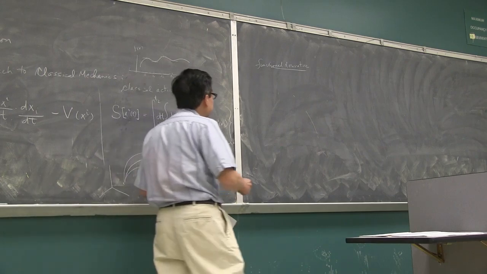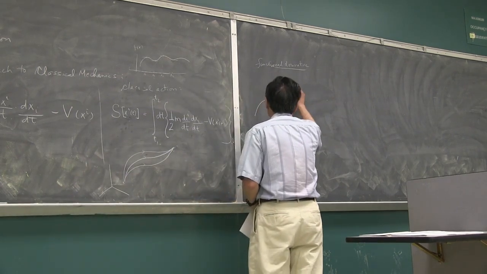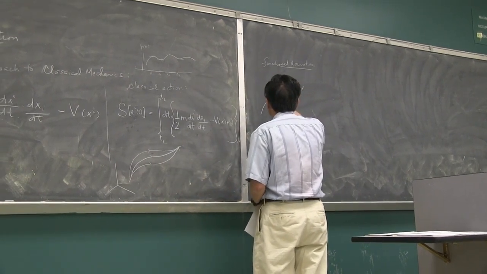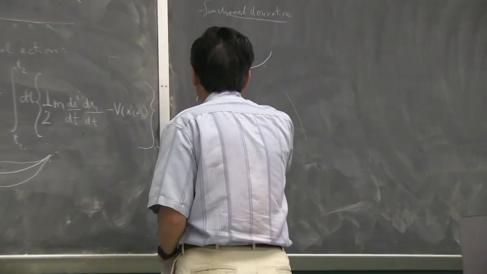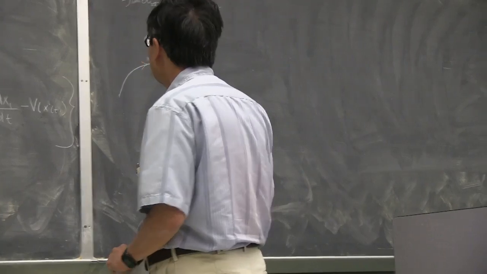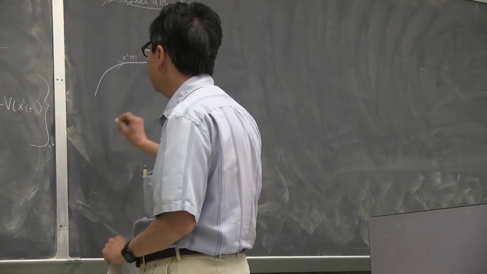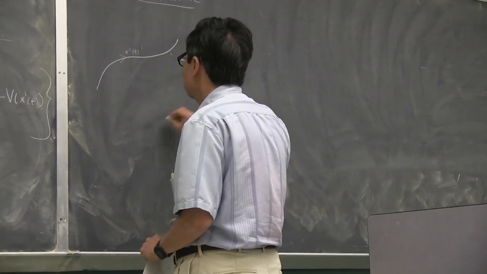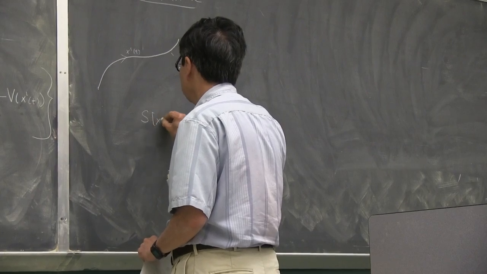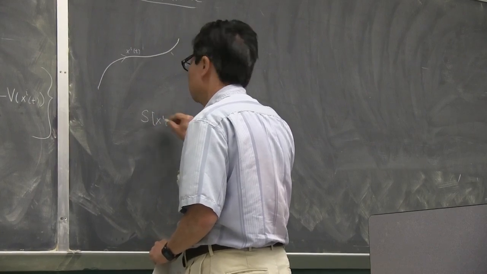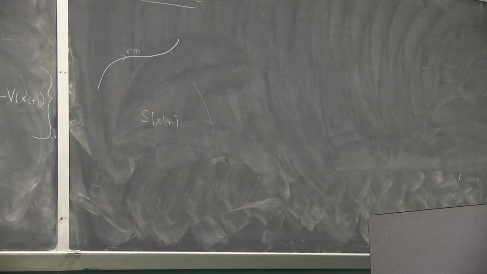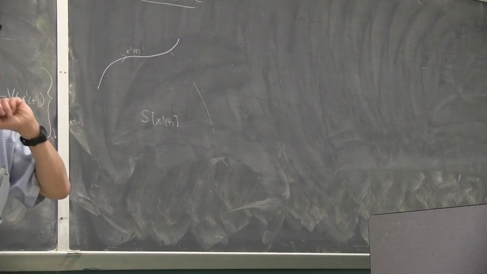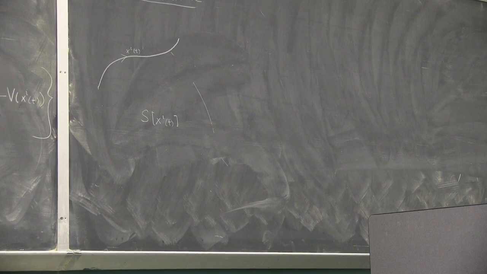So for example, if I start off with a certain path, which I'm going to call xi of t, okay? And using this particular path, I'm going to end up with some value, which is calculated according to this way, which is the classical action corresponding to that particular path. Okay?